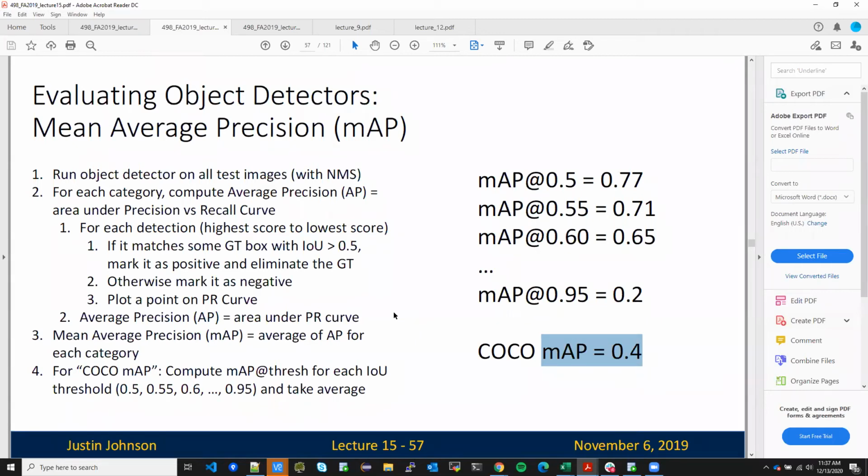So suppose we came up with our own object detection and wanted to compare to previous work on the COCO data set, then we would have to do it this way.